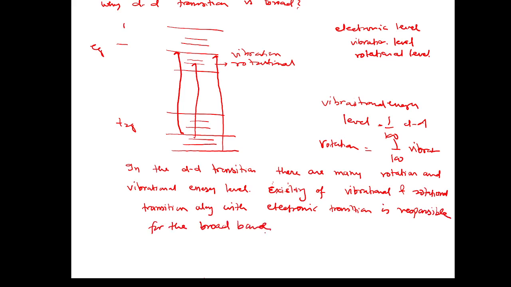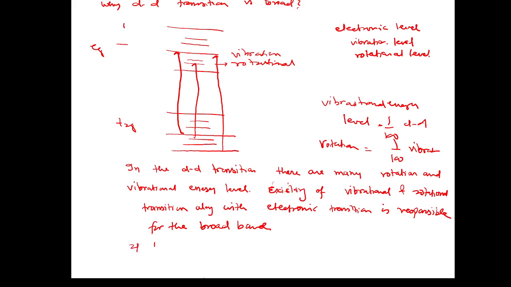So why dd transition is broad is basically because we have vibrational energy levels between the electronic energy levels, and we have rotational energy levels in between the vibrational energy levels. So the existence of vibrational and rotational transitions along with electronic transition is basically the reason for the broad band.